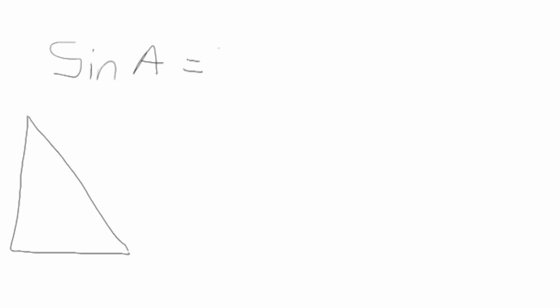So finding the angle. What we saw is that sine A is equal to opposite over hypotenuse. That is what we knew. Let me just put a triangle there to help us.